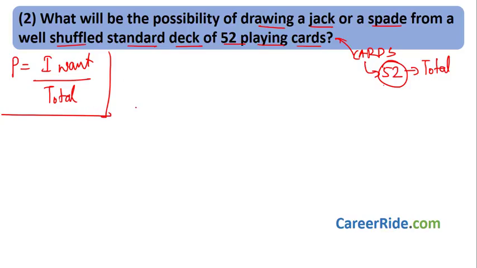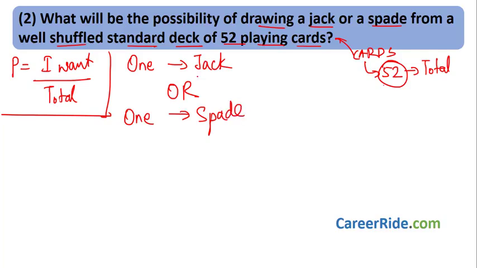What are they saying? What is the possibility of drawing a jack or a spade from the deck? That means you pick up one card, that should be a jack, or you pick up one card, that should be a spade, right? Or means what? We add, so put in a plus sign. Now we pick out one card, that should be a jack.